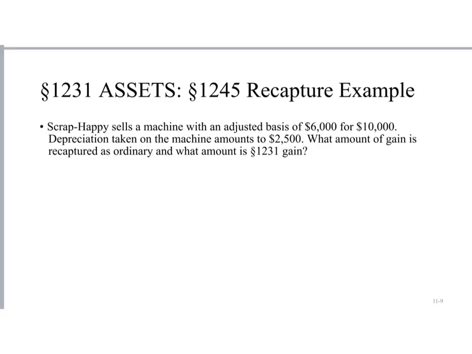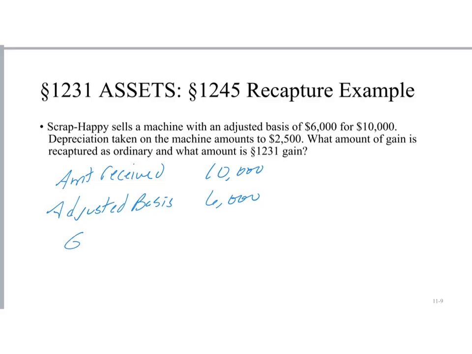Okay, well, what do we have to do? We have to look at what we received, and our adjusted basis, and we got to figure out our gain. So we received $10,000. Our adjusted basis was $6,000.